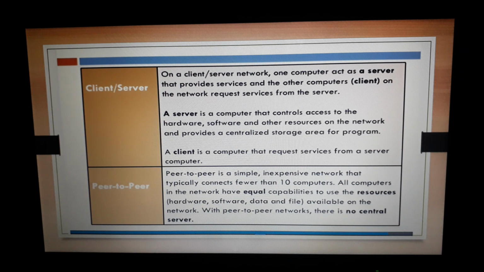For example, in a bank, this peer-to-peer network architecture is designed like that, because all connected computers function as a server and also as a client. So it is known as a peer-to-peer network architecture.